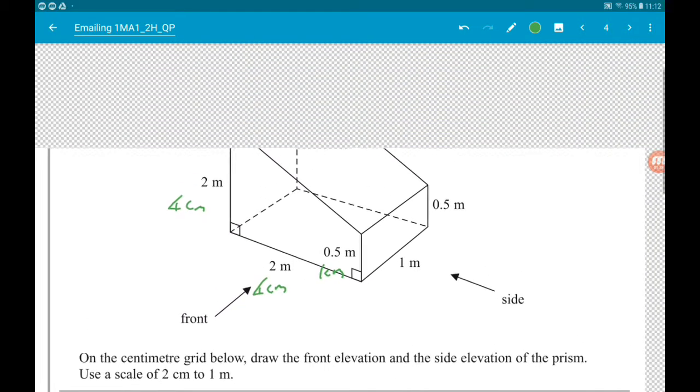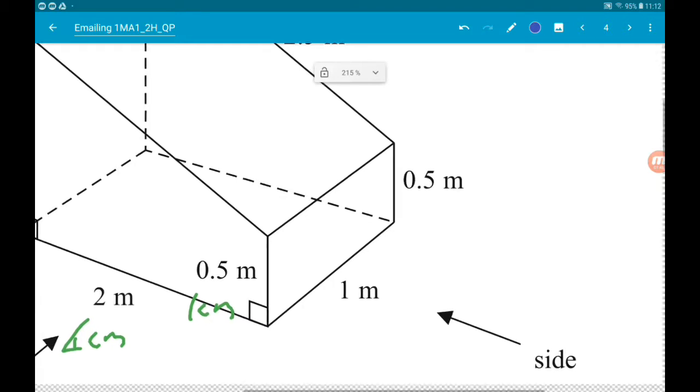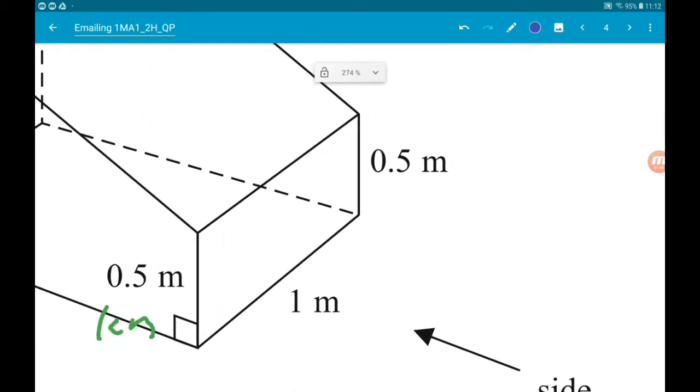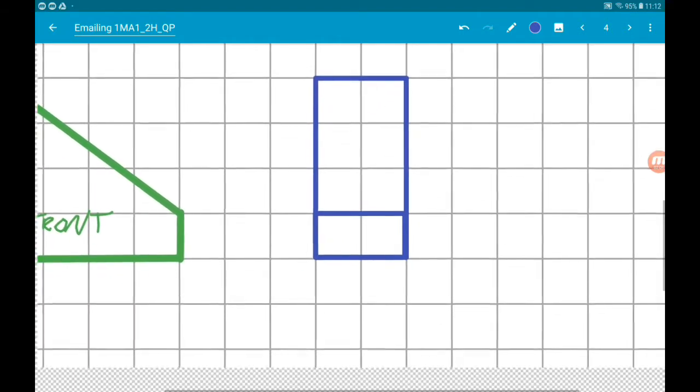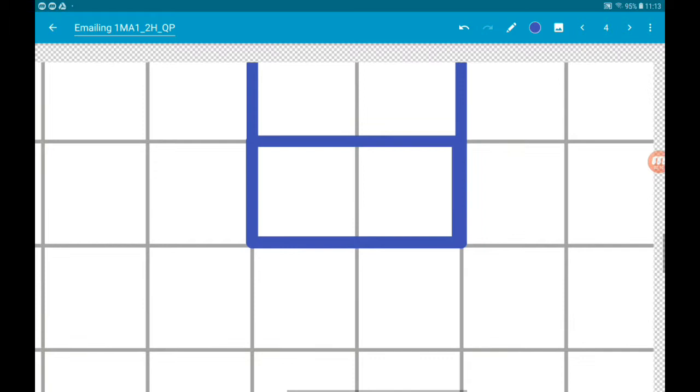Okay, then for the side, so again, first of all, we got this rectangle at the bottom. Now 1 metre is 2 centimetres, 0.5 metres is 1 centimetre. So the first bit we need is a 2 by 1 rectangle, which is where this comes from.